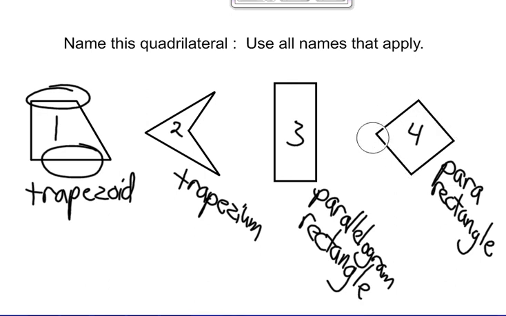The lengths of the sides are all equal. That would make it a rhombus. And now that we look at all this stuff, we have the 90-degree angles, we have the equal length sides, we have parallel sides, but this must also be a square.